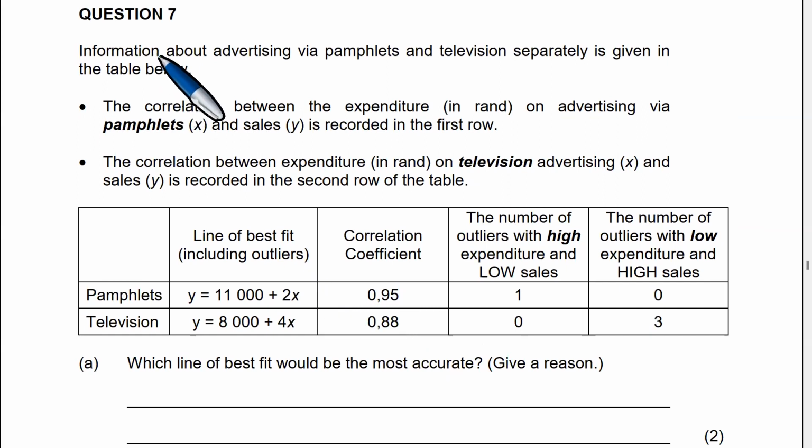Right, let's look at question 7. Information about advertising via pamphlets and television separately is given in the table below. The correlation between the expenditure in rand on advertising via pamphlets X and sales Y is recorded in the first row. The correlation between expenditure in rand on television advertising X and sales Y is recorded in the second row of the table.